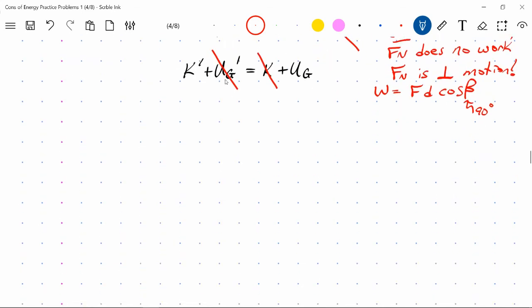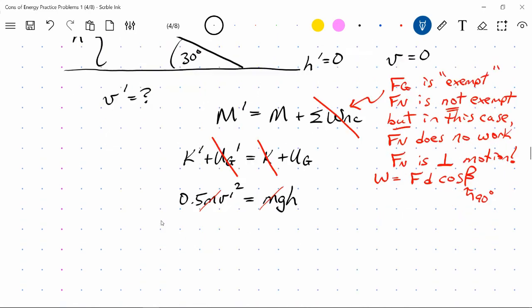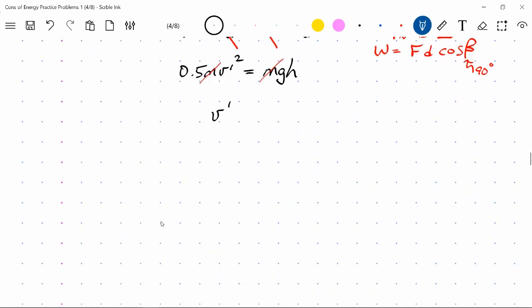So once again, we have 1/2 mv prime squared equal to mgh. The m divides out, as it so often does, and that means that if we are looking to solve for v prime, once again, it's equal to the root of 2gh.